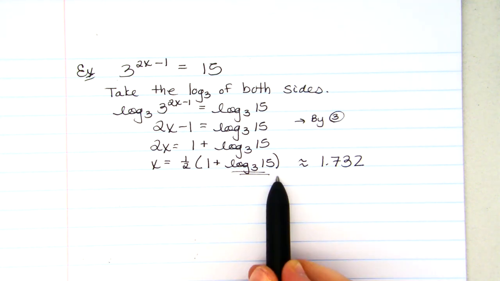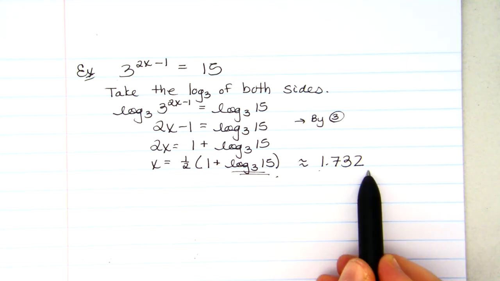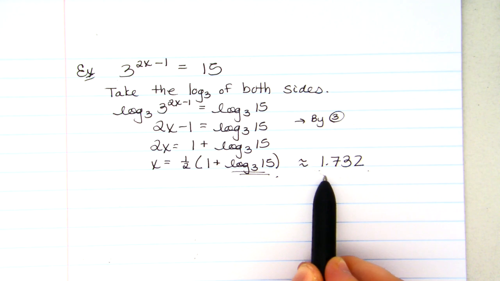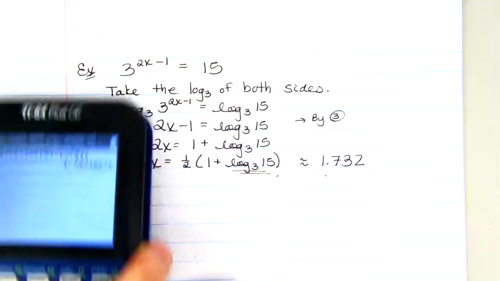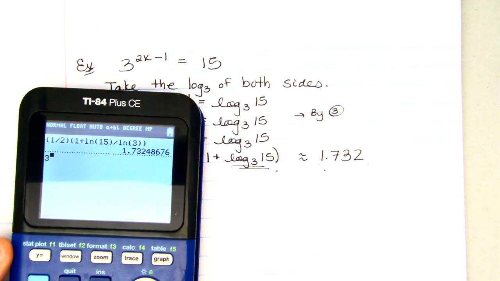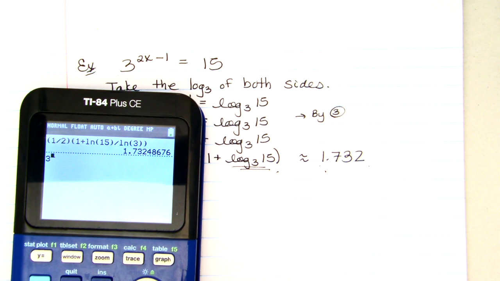This is the better answer because it's exact, but this probably means a little bit more, and this one's probably the easier one to go plug in if you want to check that thing. If you do 3 raised to the 2 times 1.732 minus 1, you're pretty close to 15, and I'd be closer if I just gave more decimals there.